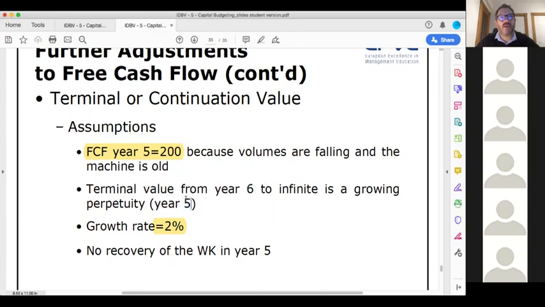Okay, so here I'm going to change that. And so I let you a few minutes to do it in Excel. Same thing here, I invite you to take the first result that you have, the one we did together yesterday, copy paste and create a new tab, and rename the new tab terminal value or continuation value.